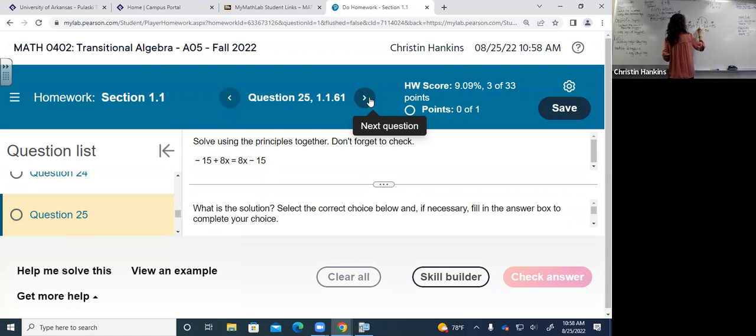When I do that, I lose my variable in the whole equation. Don't try to force the variable to be there. That created 0, and then that created 0. So we scoot in with what we have left. -15 equals -15. Is that a true statement?